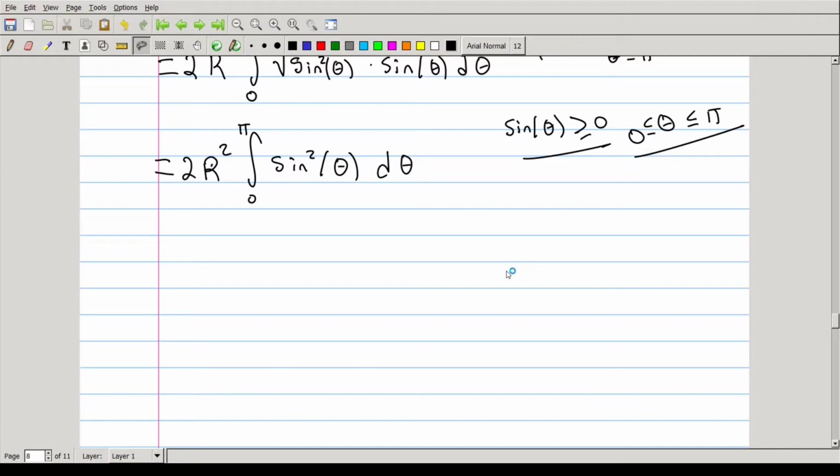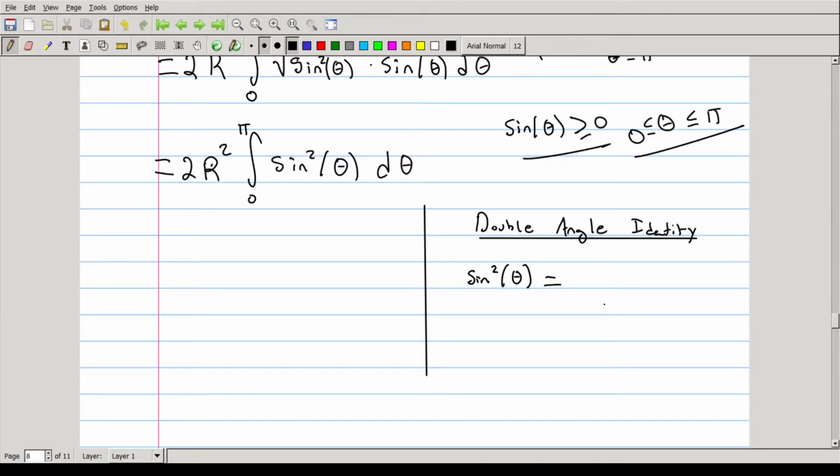And to calculate this, we will use the double angle identity from trigonometry. Specifically, this is the double angle identity for sine squared. And this says that sine squared of theta is equal to 1 minus cosine of 2 theta divided by 2.